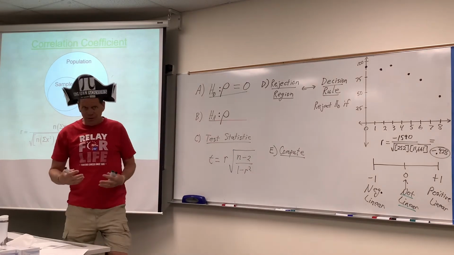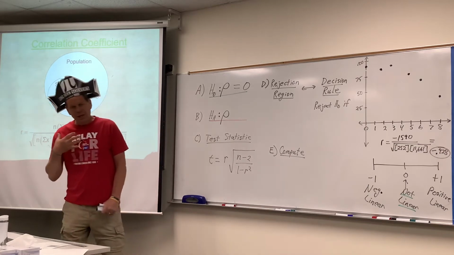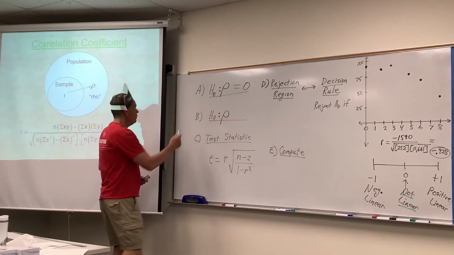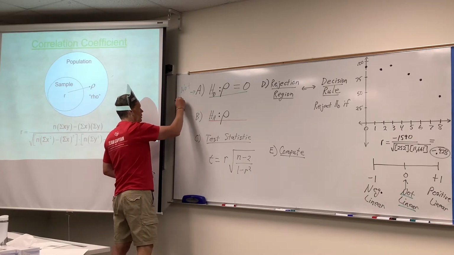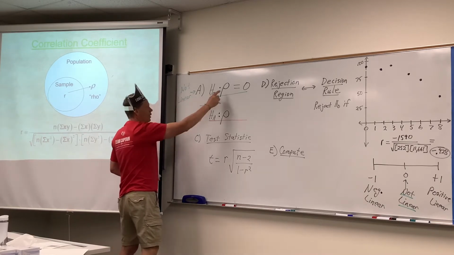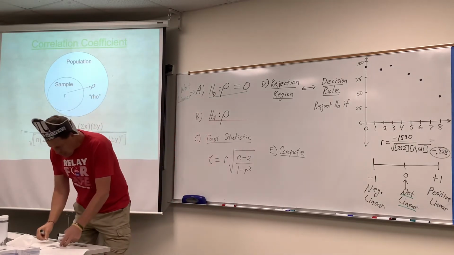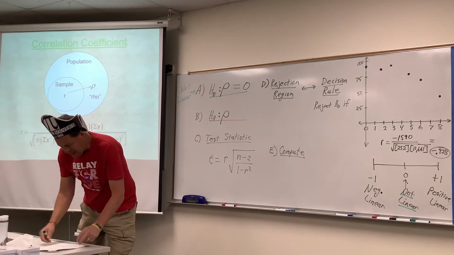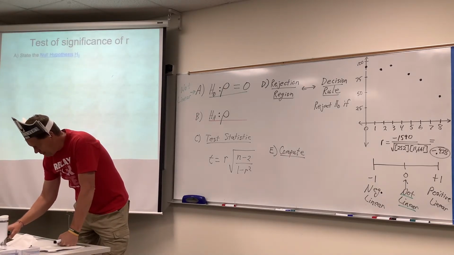And I will just tell you on the 2 that I'm having you do, that will be your null hypothesis. You're assuming that these 2 variables do not have a linear relationship, which means that the correlation for your entire population would be equal to 0. So there again would be the idea behind our general test of significance, your null equals, all right?